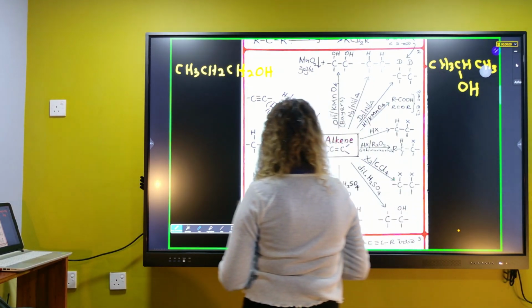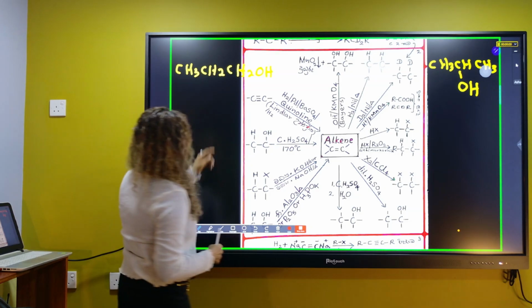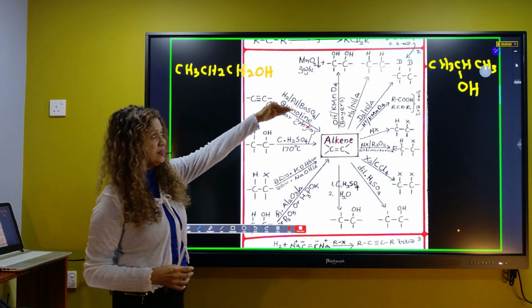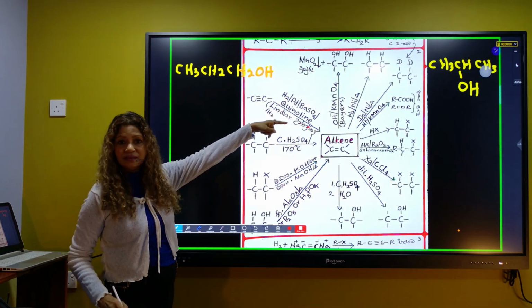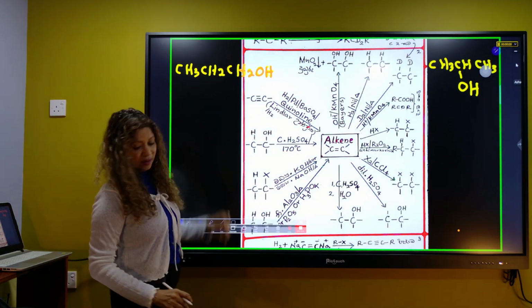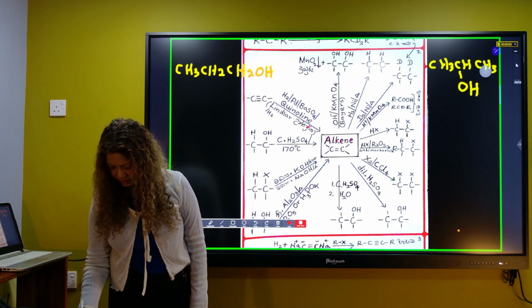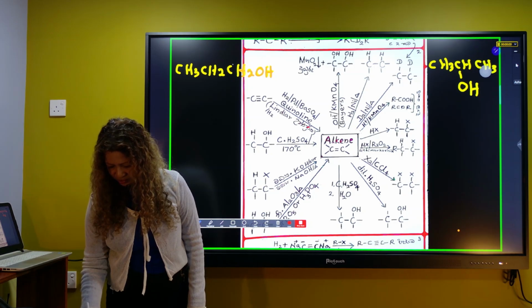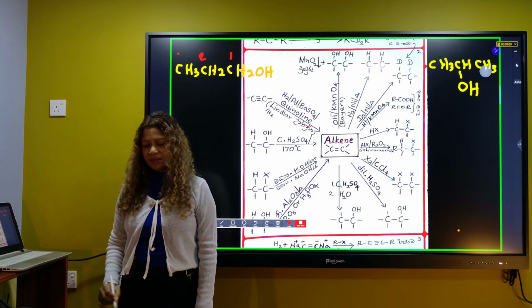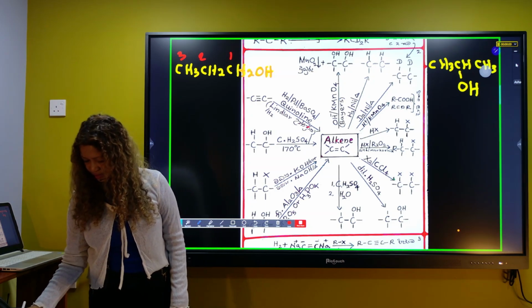Initially they had OH in this compound, but finally the OH is on another carbon. If I number these carbons, I can number them as carbon 1, 2 and 3, and again the same way, 1, 2 and 3.